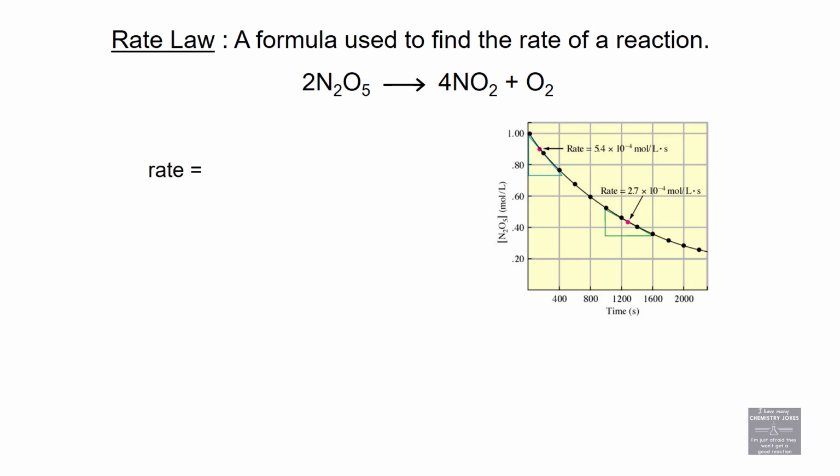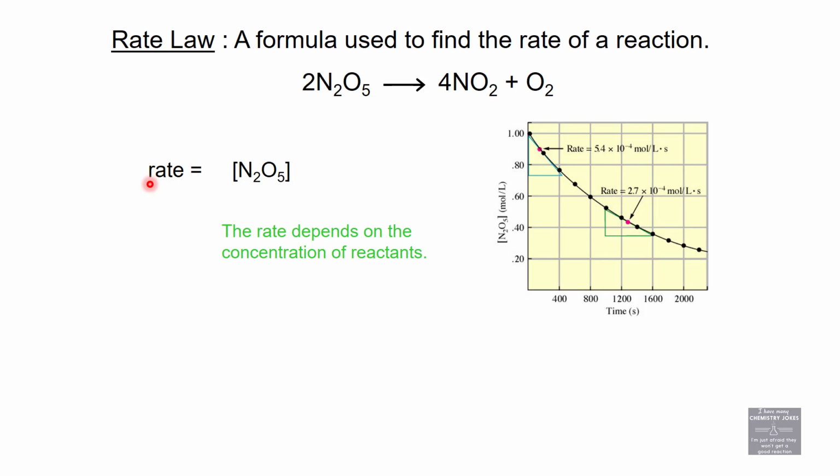Rate equals... Since the rate of a reaction really depends on the concentration of the reactants, the rate law only includes reactant concentration. So what we were writing in the last video were rate expressions, and I will try to be very consistent in my terminology. Those are rate expressions, but the rate law is written only in terms of reactant concentrations.